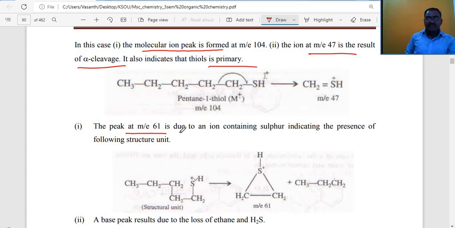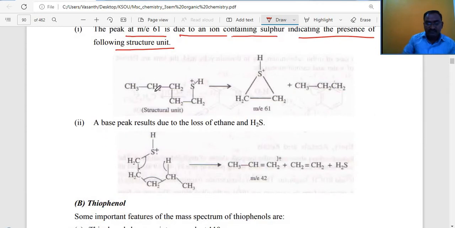The peak at m/e 61 is due to an ion containing sulfur, indicating the presence of the following structural units. This is the cleavage of this bond here: CH3, CH2, CH2, CH2, CH2, sulfur. The base peak results from the loss of ethylene and H2S.